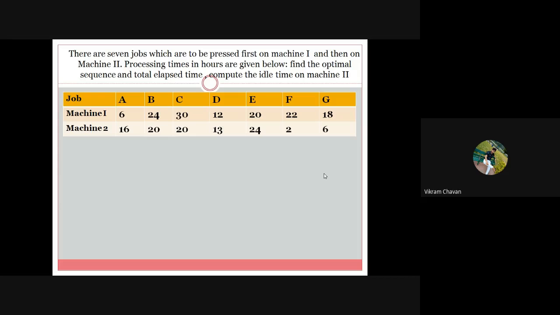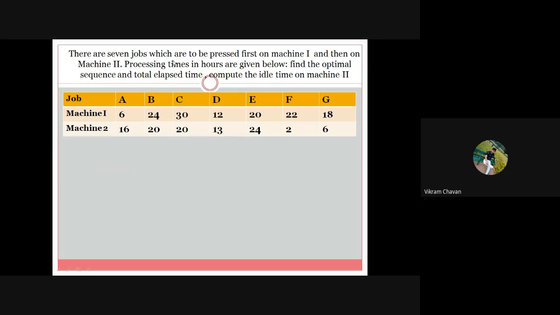Compute the idle time on machine 2. It is a similar type of problem, but the questions are different, and the process we need to apply is somewhat different from the first problem. So please note down this particular problem.